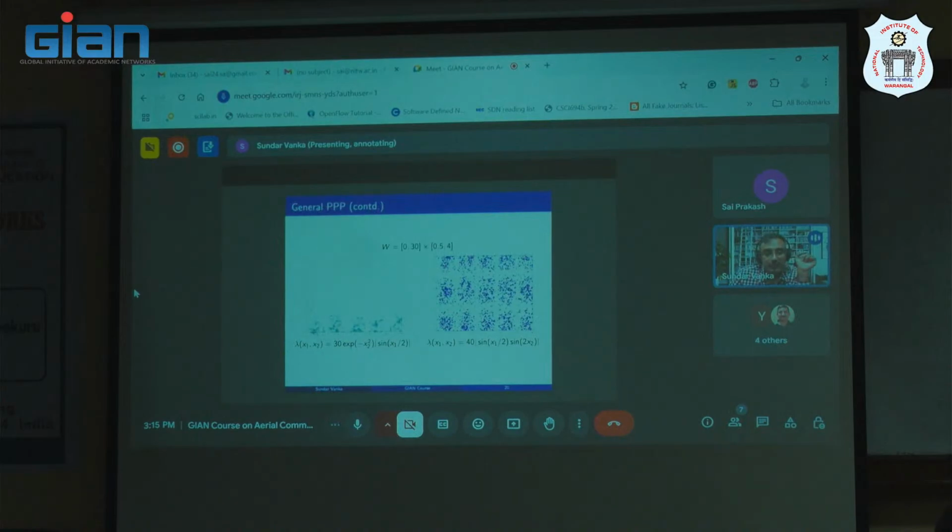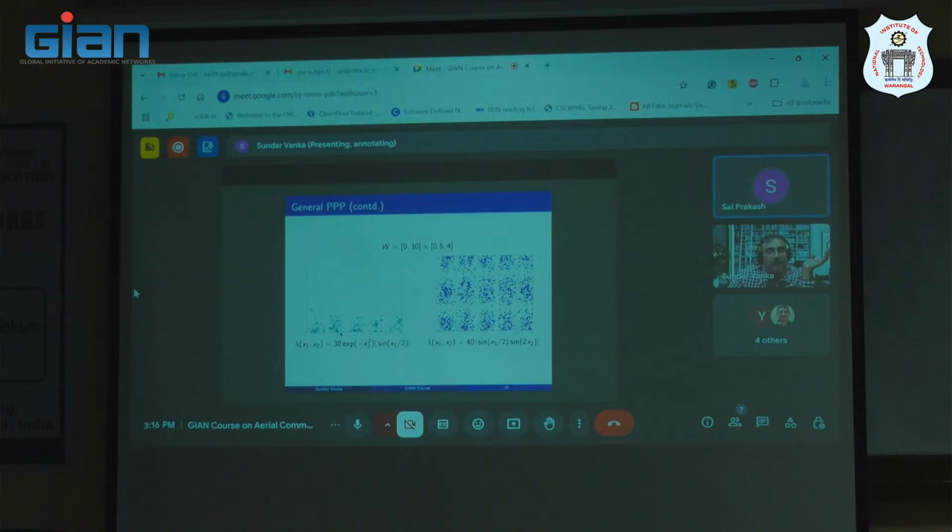If I'm sitting at 0, the crests and troughs are at these points. But suppose I move the origin to, let us say, 10. The peaks and valleys are now differently located.